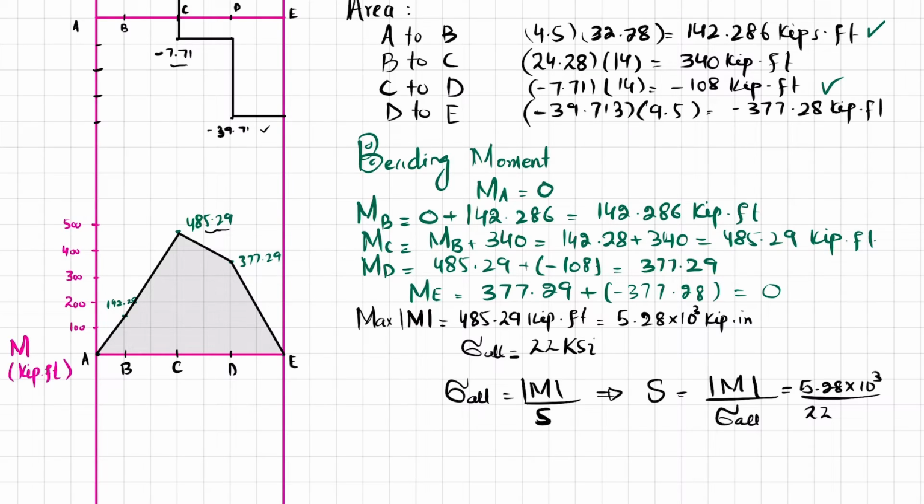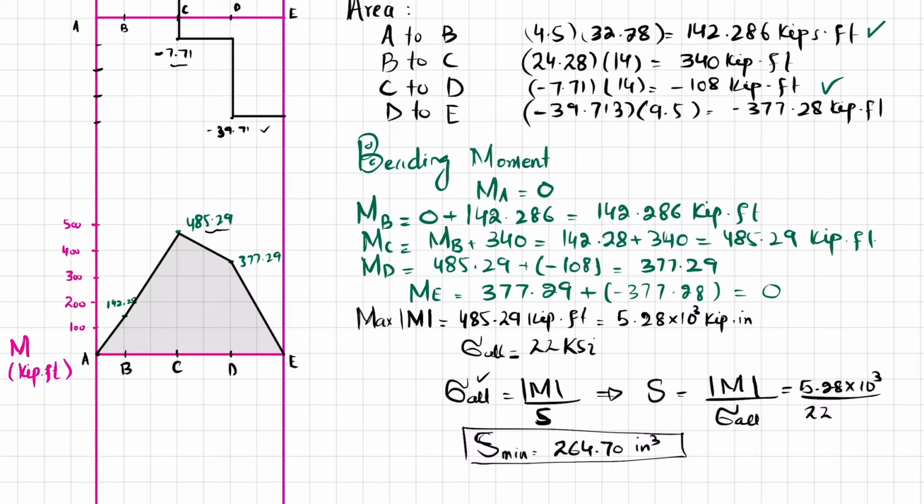So when you calculate it, you will get S minimum, because sigma is allowable, so S minimum will be equal to 264.70 cubic inch. So this is the S minimum.